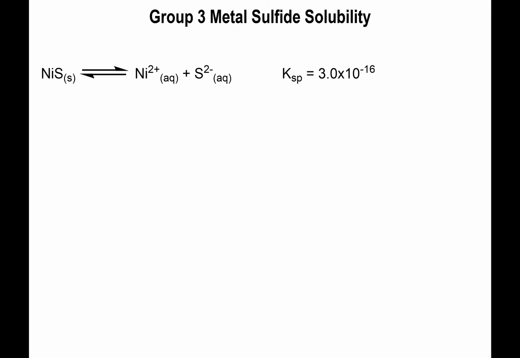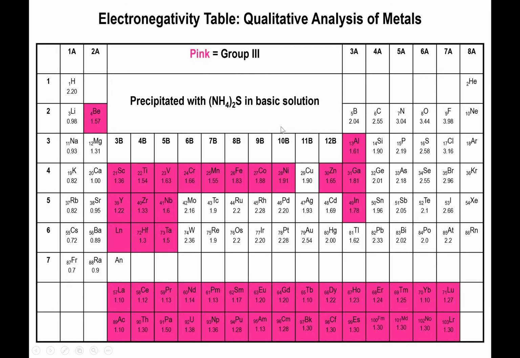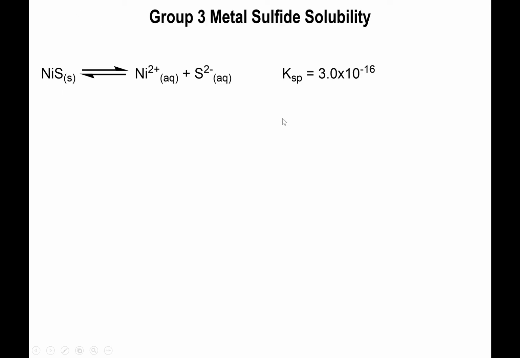And to give you an example, I'm going to focus on nickel, which is one of the ions in the group 3 metals. Nickel 2 plus reacts with sulfide to give you nickel 2 sulfide. We have a KSP for that process of 3 times 10 to the negative 16, and once again, by definition, KSP starts with a solid yielding the soluble species.